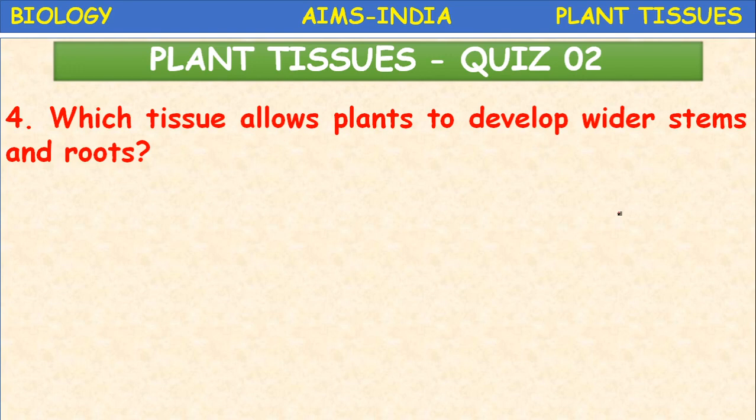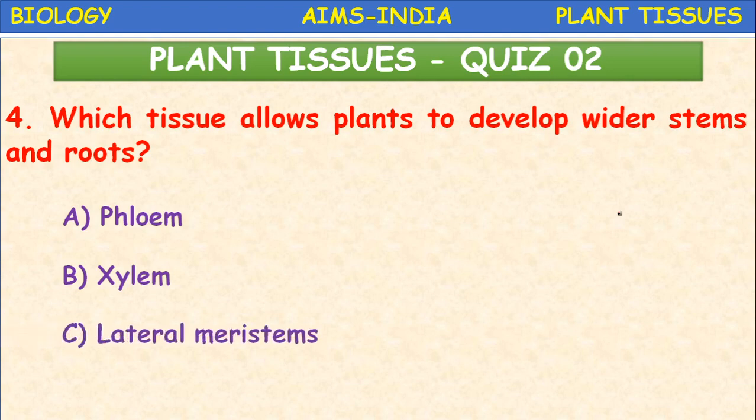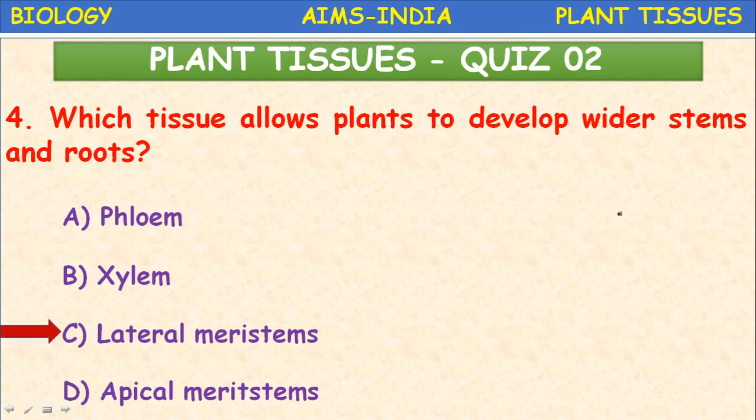Which tissue allows the plants to develop wider stems and roots? Phloem, xylem, lateral meristems, apical meristems. So which tissue? Actually meristematic tissue helps in developing the wider stems. Which meristems? That is, girth of the stem is increased by lateral meristems.